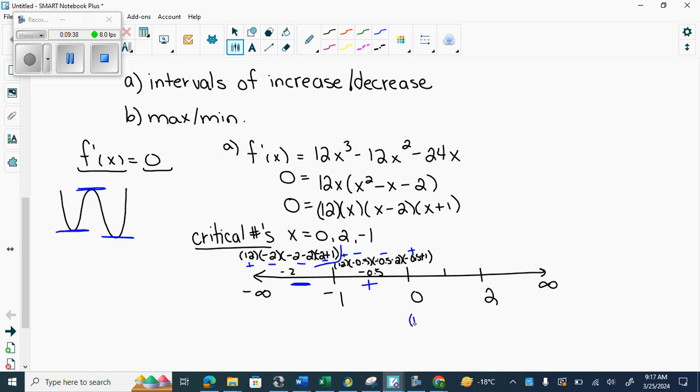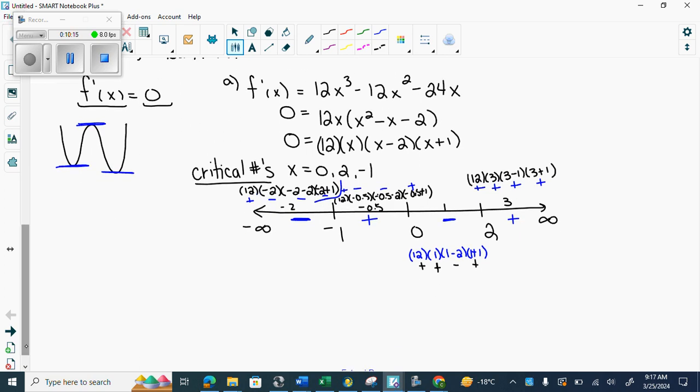So I get 12 times 1 times 1 minus 2 times 1 plus 1. So I get a positive, a negative, a positive. What does that result in? Positive times negative times positive. Negative. And say I plug in a 3. I would get 12 times 3 times 3 minus 2 times 3 plus 1. So I would get positive, positive, positive, which results in a positive.